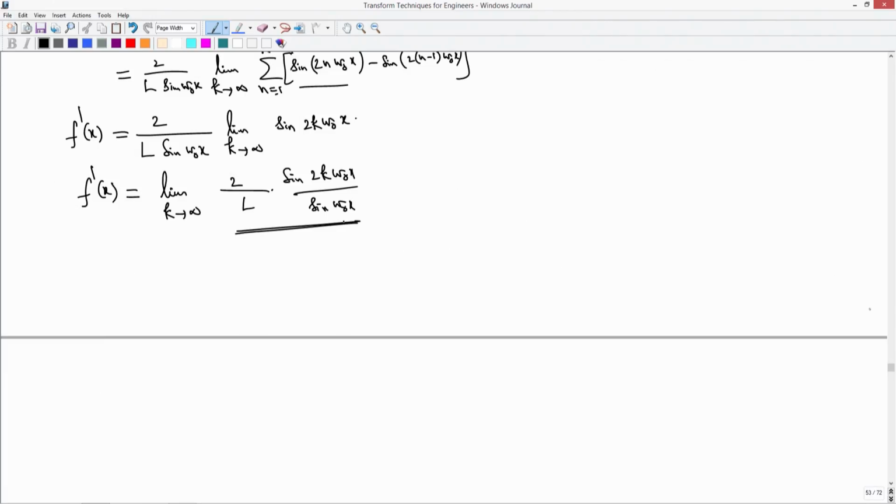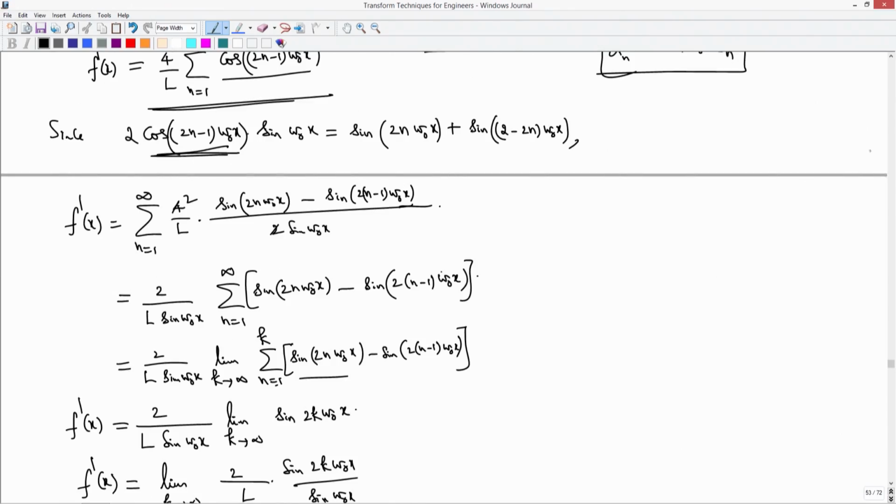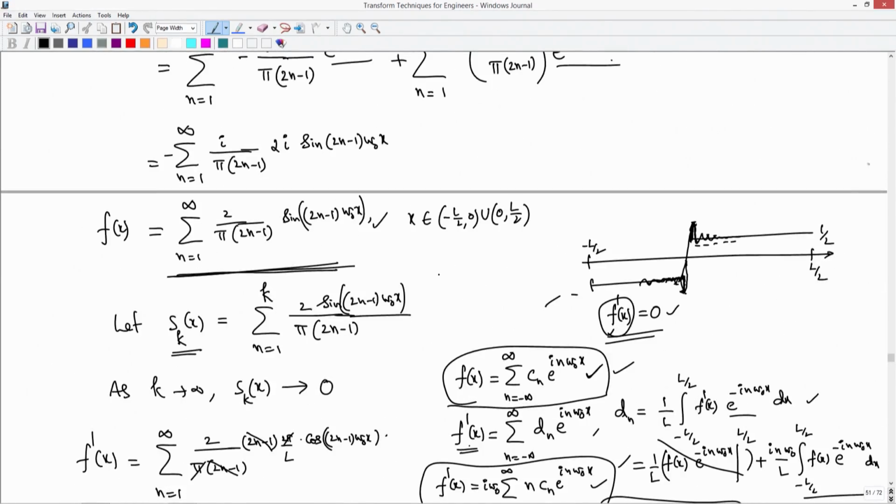That means this is your partial sum: Sk dash of x is nothing but 2 by L sin 2k omega naught x divided by sin omega naught x. What is your Sn? Sn of x is a partial sum of your actual Fourier series, that is this one.